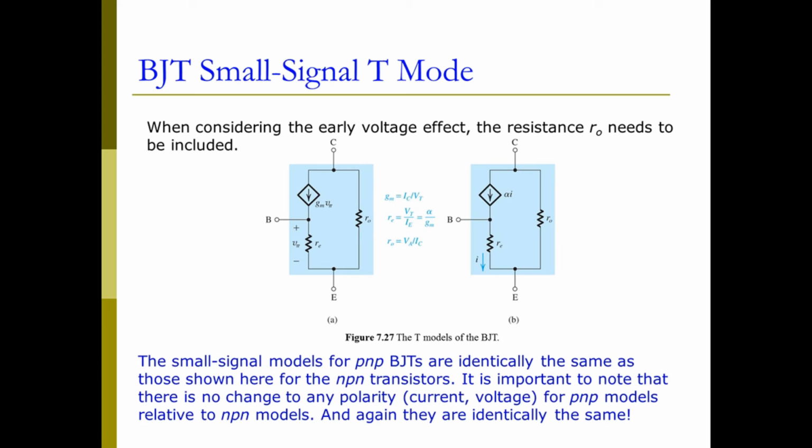So far, all our analyses are based on NPN transistors. But for small signal analysis, they will be exactly the same. There's no difference. The difference between PNP and NPN transistors is for their DC bias, not for small signal analysis. For DC bias, you may need to consider the polarization and the EBJ and CBJ direction.